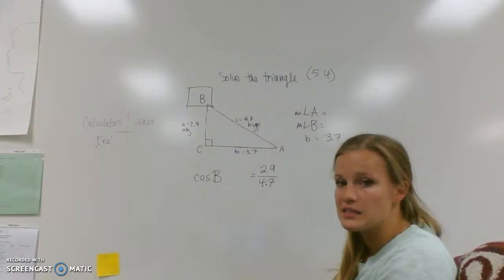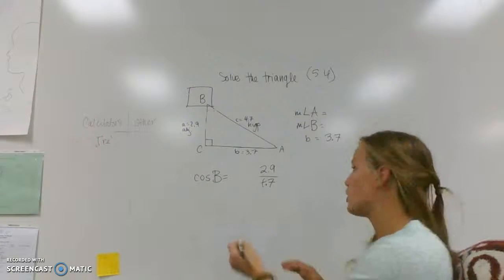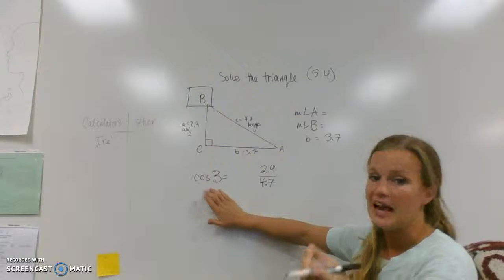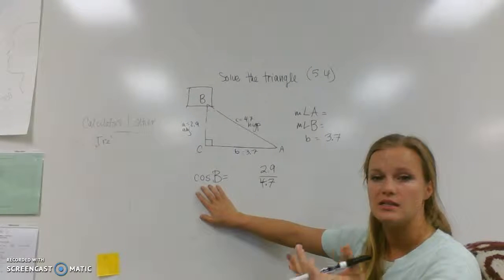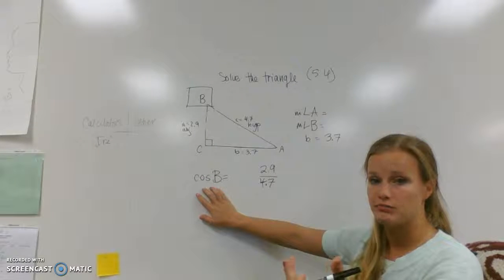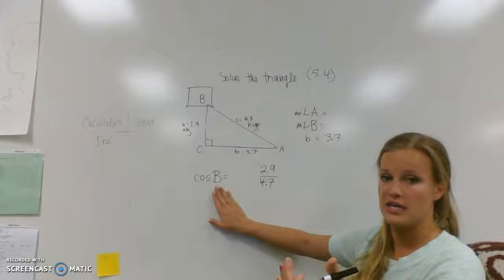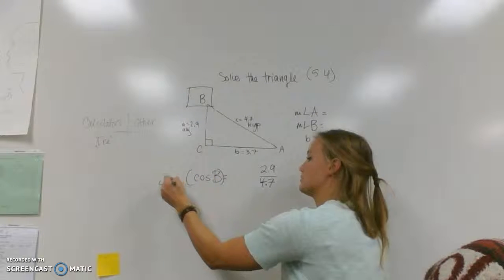Now, the next part is I'm trying to solve for b. I want to get b by itself. I can't divide by cosine because that doesn't happen. Cosine of b is a function. I have to undo this function, right? If what's happening to it is that we're taking the cosine of it, I need to undo the cosine.